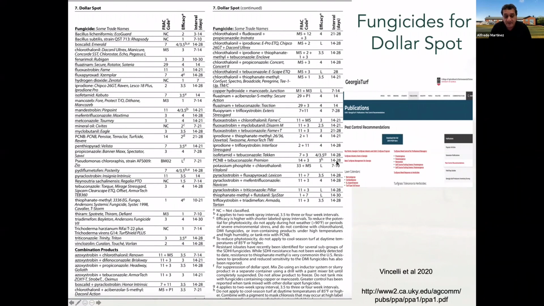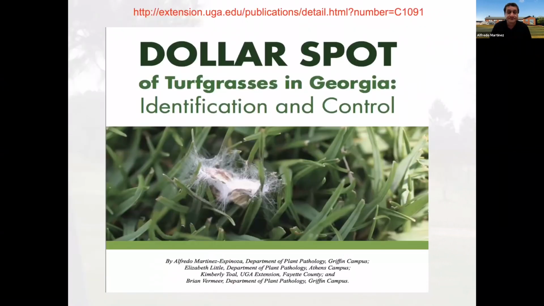So again, there are many different things you can do, but one way to prevent it is to really get our fertility up to par. We have the publications if you want to know more about dollar spot.